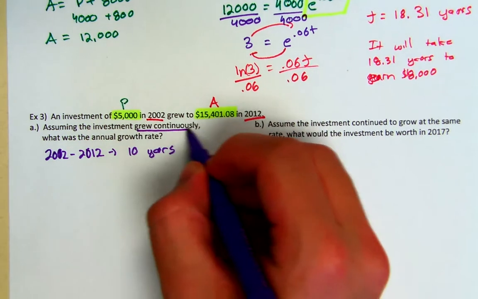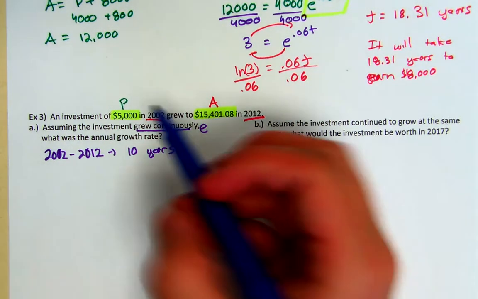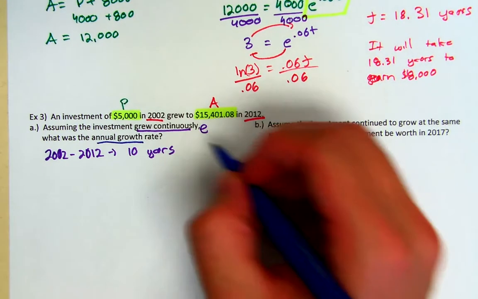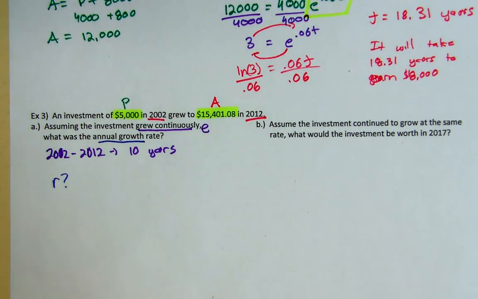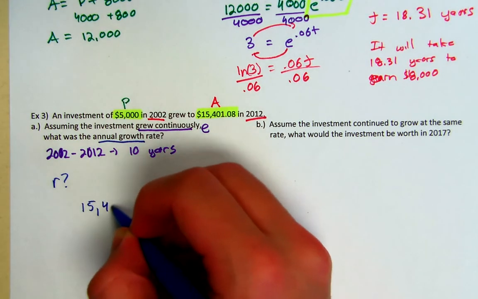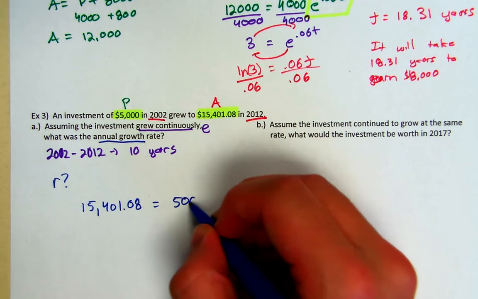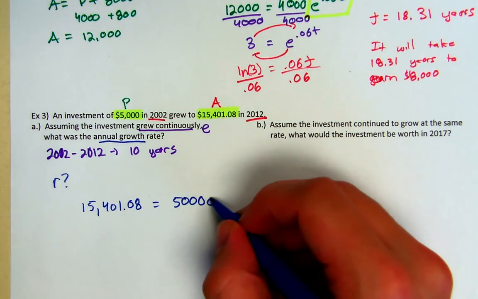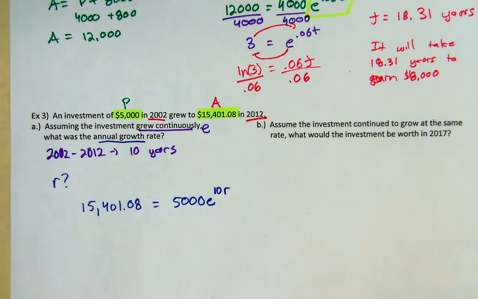And it's telling me continuously. So again, I'm using E. And I want to know what R is. So I don't know R. So I got A. So I have 15401.08 equals 5,000, the initial, E to the, I don't know the rate, but I know it's 10 times the rate.